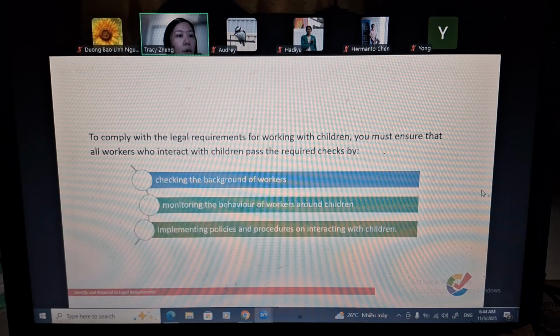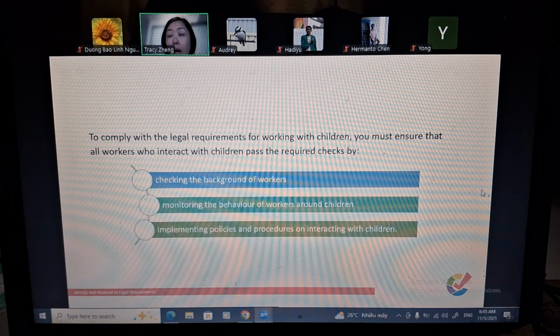And also, we all need to comply with the legal requirements for working with children. That's why if you're going to work with disability services, you need to hold a WWCC, which we call the Working with Children Check. You need to make sure you don't have any criminal cases related to children.